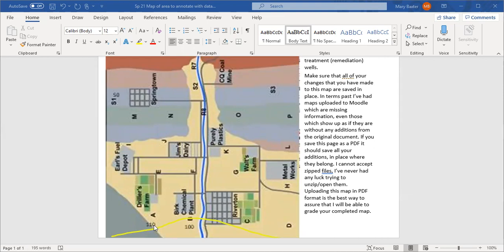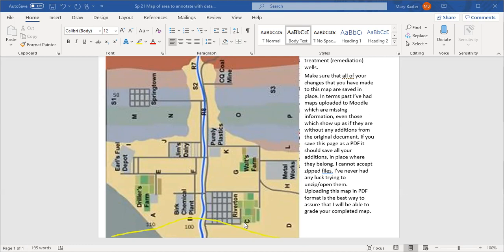Now, I've asked you on that procedural document to make lines that have a 10-foot contour interval. So the next line is going to go right through the letter A. And where it ends up over here on the other side depends on what the numbers are for C and D. If they're 105, then the line's going to go above them. If they're 110, then the line's going to go through them.